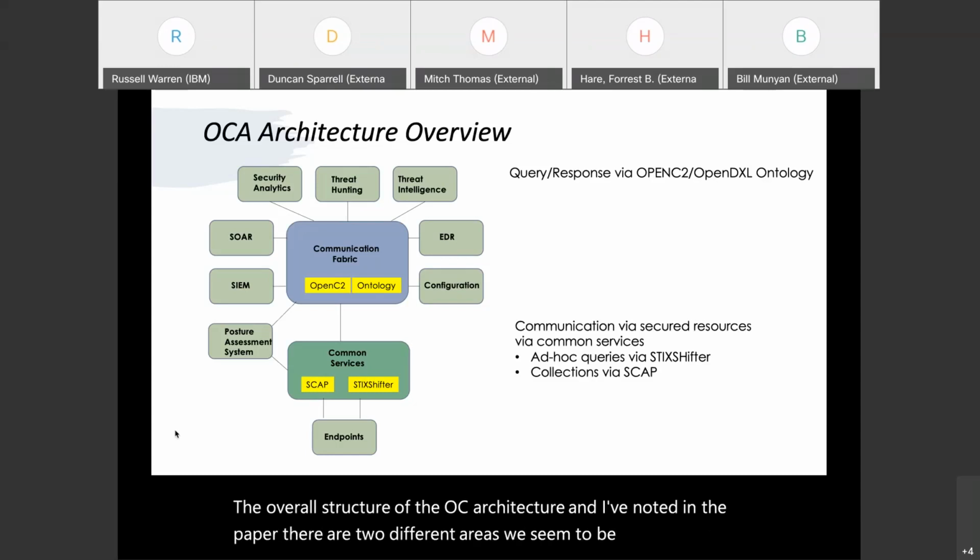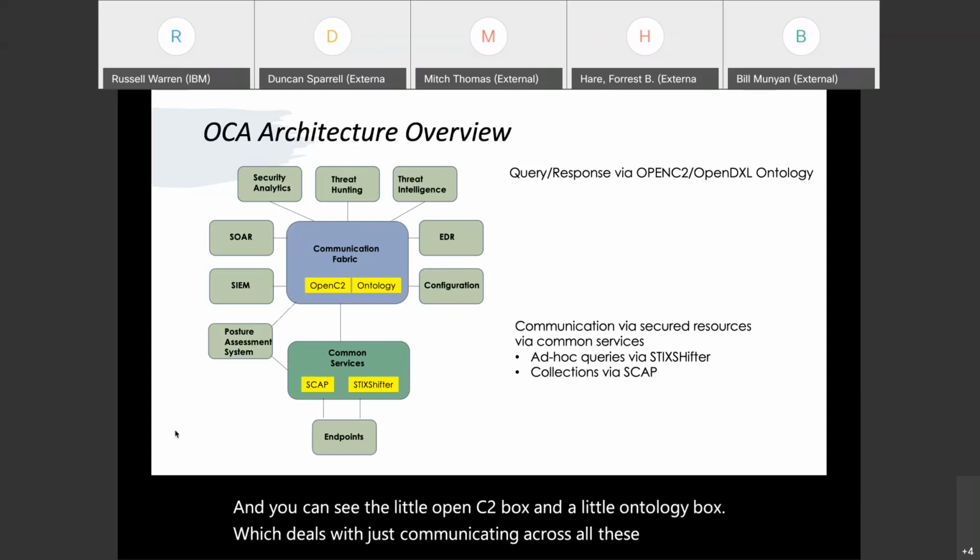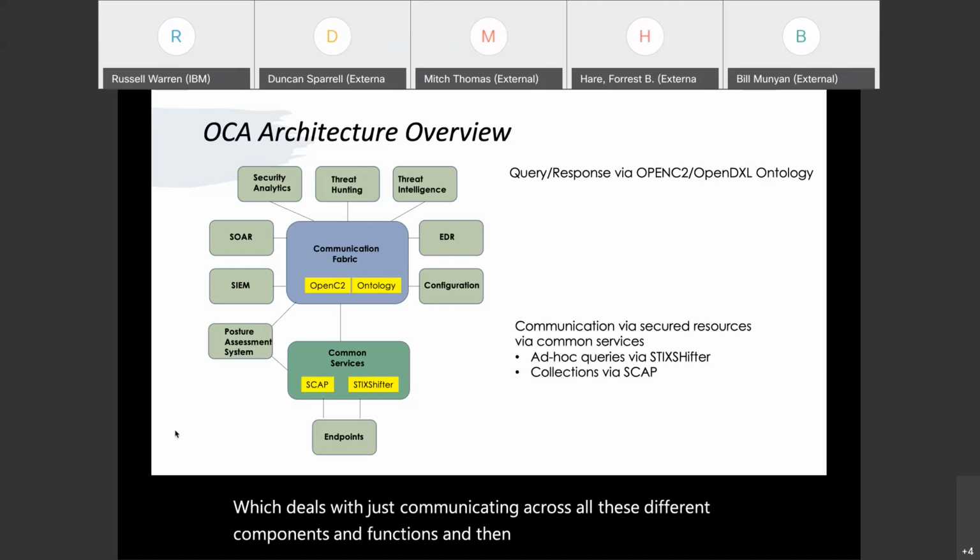One is obviously communications. And you can see the little OpenC2 box and the little ontology box, which deals with just communicating across all these different components and functions. And then there's a second set of things we have, which are kind of like normalizing and proxying data. So it's got a consistent format for the consumers, but it's dealing with the local data formats and APIs underneath them. And that's where SCAP and Stix Shifter seem to fit to me.